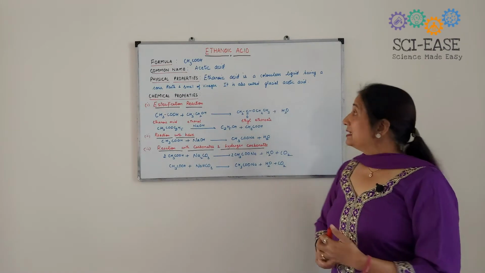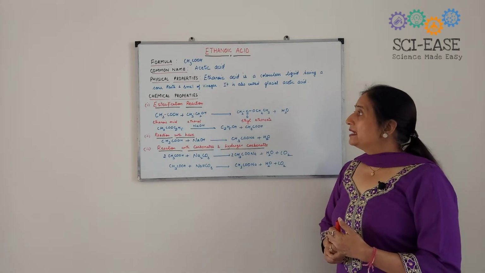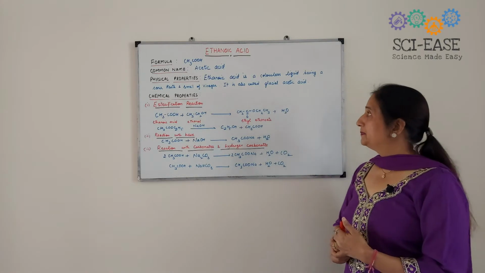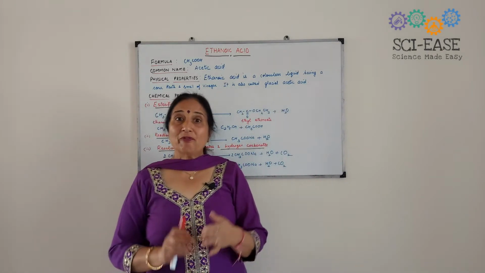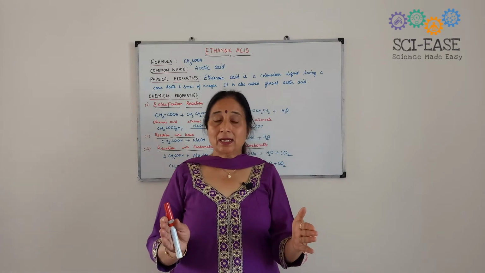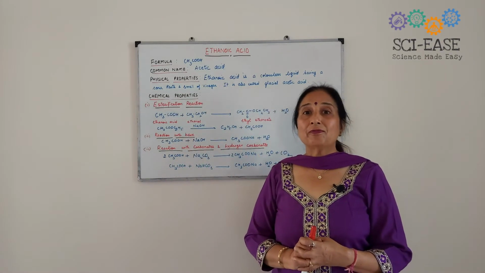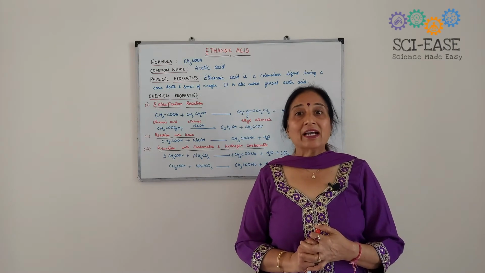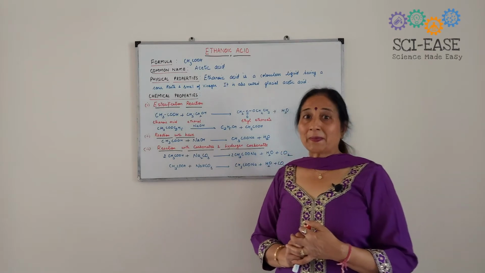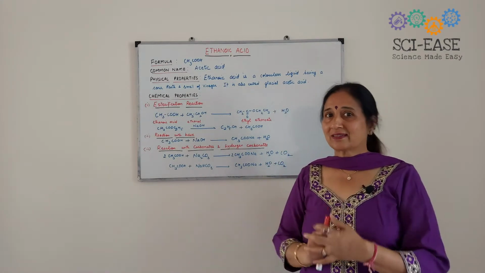Now, what are the physical properties of ethanoic acid? It is a colorless liquid having a sour taste and the smell of vinegar. One thing very important: when we cool or freeze it, this results in the formation of colorless ice-like solids, which resemble glaciers.